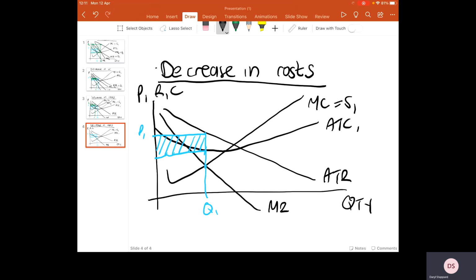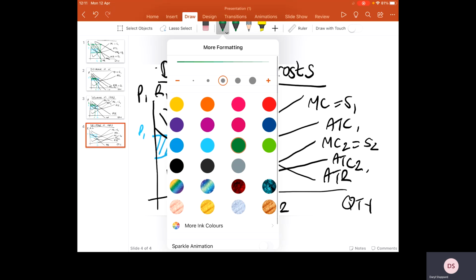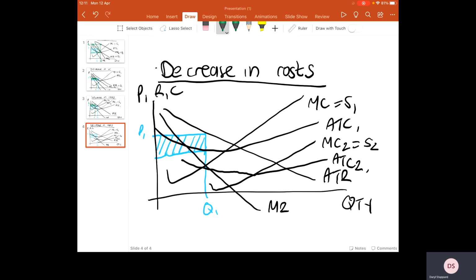Now, if costs of production fall, we'd expect the cost curve to shift outwards to the right. So we've now got marginal cost 2, and with that, we'd expect average cost of production to also fall down to this point here. What we can then do is to show the new profit max where MR cuts MC2.